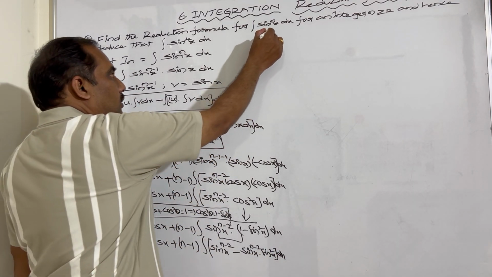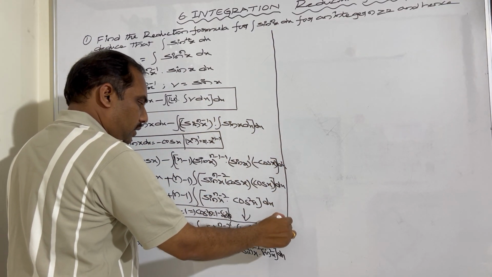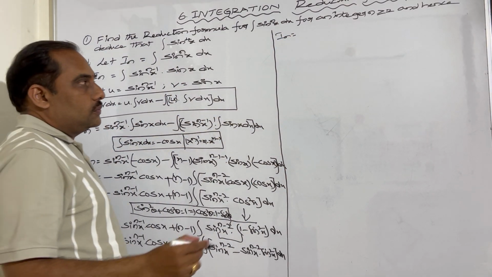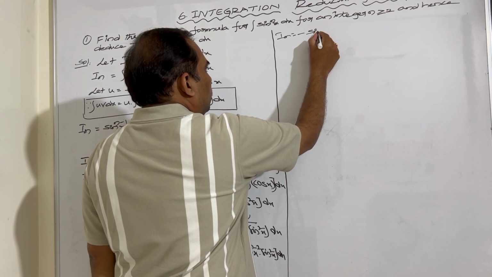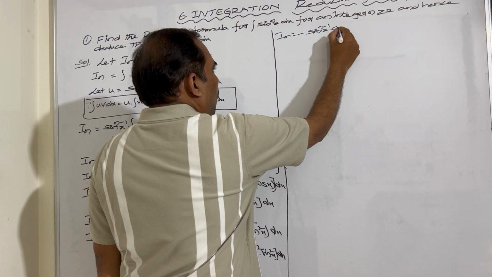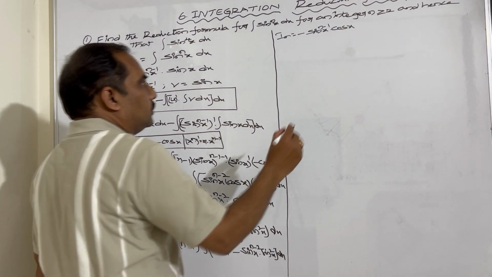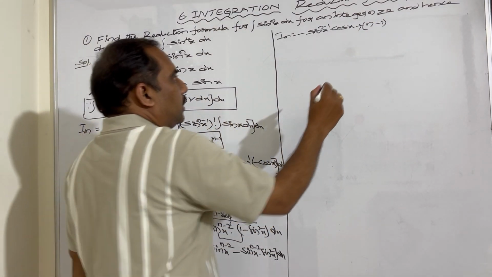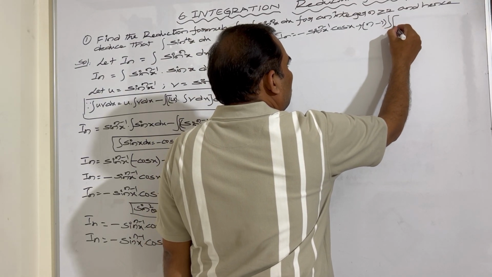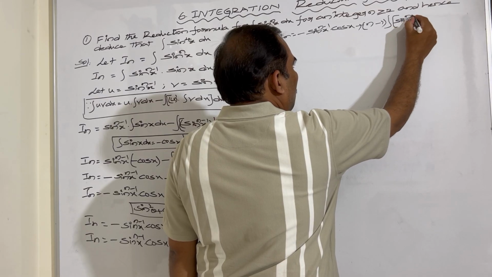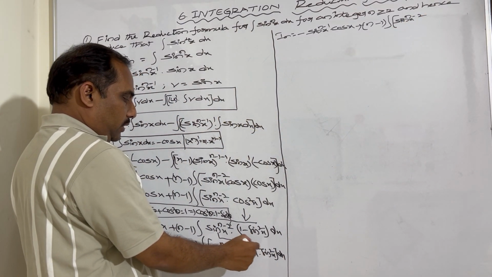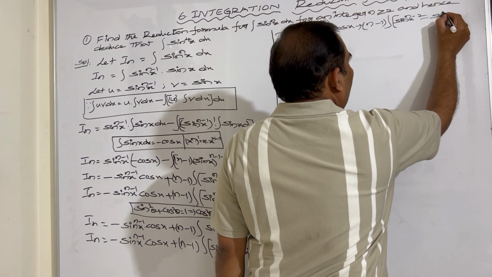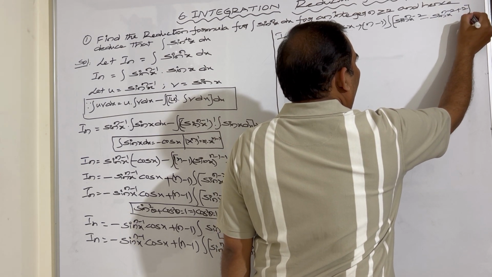Now I_n is equal to minus sin x power n minus 1 into cos x plus n minus 1 into the integral of sin x power n minus 2 dx, and here if you add the powers, since the bases are equal, we get minus the integral of sin x power n minus 2 plus 2, dx.